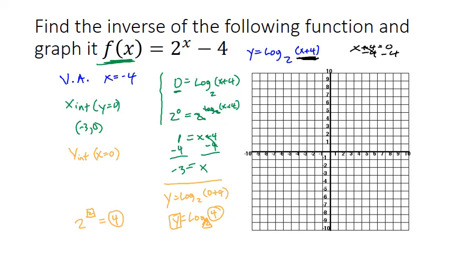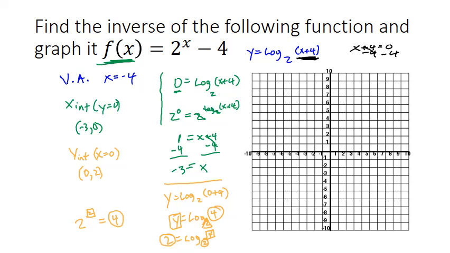So in other words, y has to be 2. In other words, log base 2 of 4 equals 2 because 2 to the second power is equal to 4. So what that means here is that our coordinate is going to be 0, comma 2.